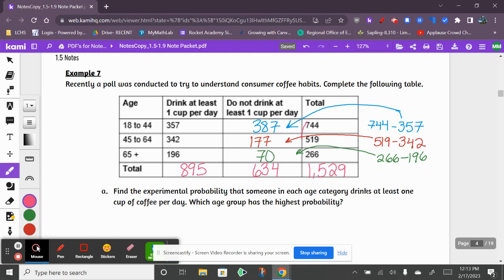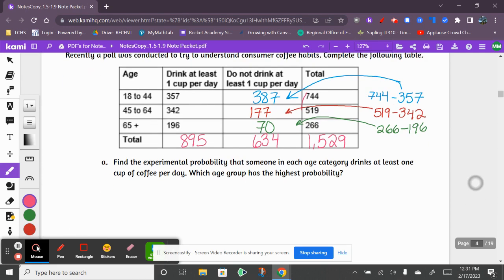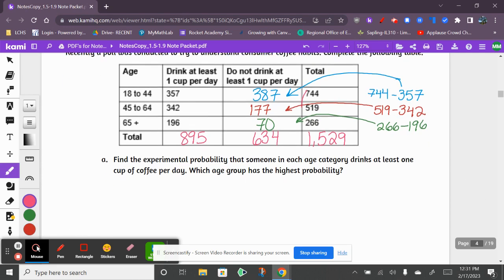For part A, it says, find the experimental probability that someone in each age category drinks at least 1 cup of coffee per day. And then it has a follow-up question of which age group is the highest. For part A, you are going to find the experimental probability that someone in each age category drinks at least 1 cup of coffee per day.